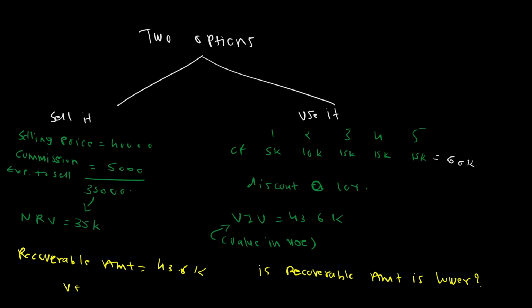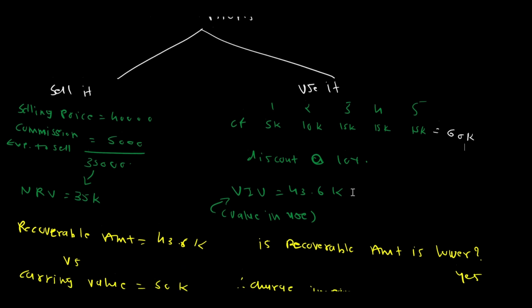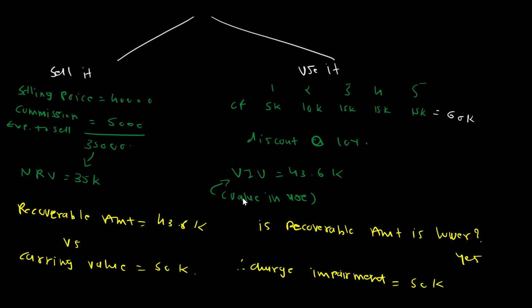So 60k is undiscounted, and if I discount at the rate of 10%, I will have the present value in use of 43.6k.